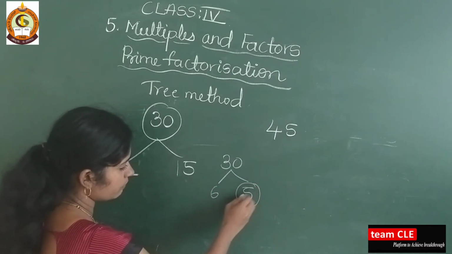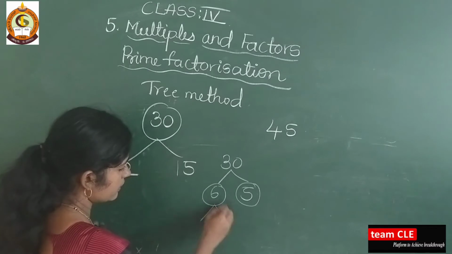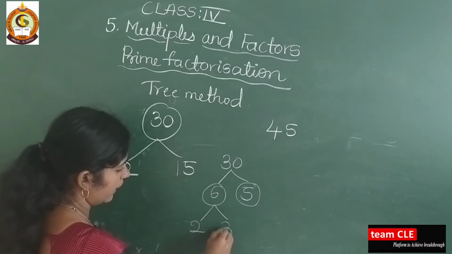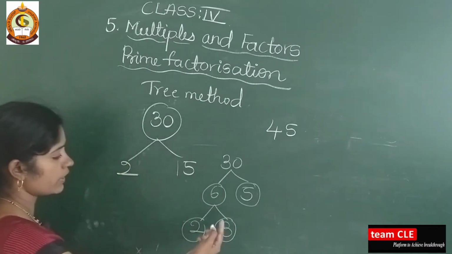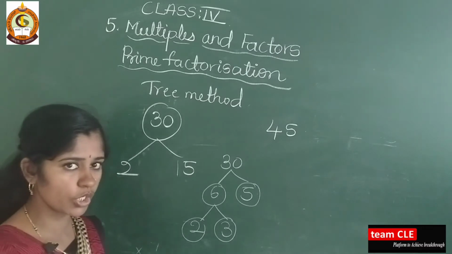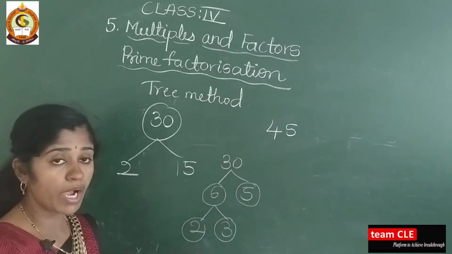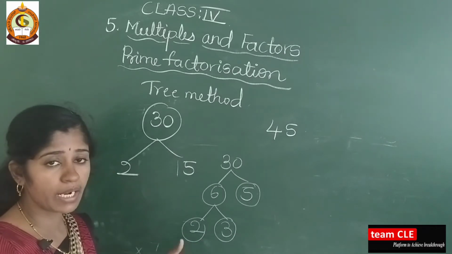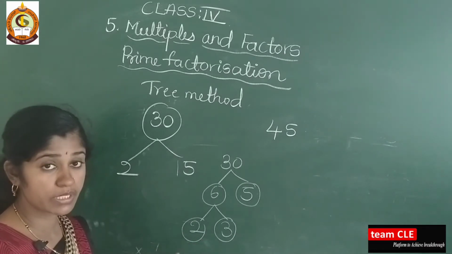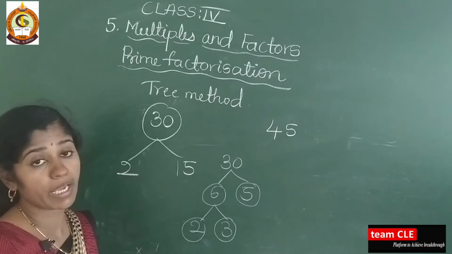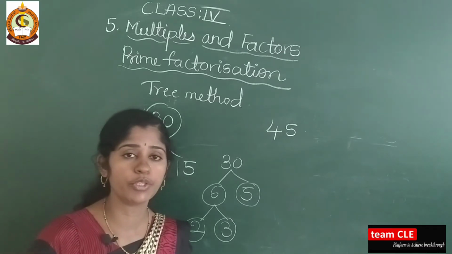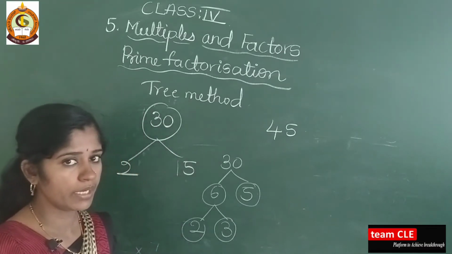And here I got one prime number, and 6 is already there, so you write 2 and 3. No issues. If you are solving like this, it is also correct. 2 3s are 6, 6 5s are 30. You have to divide the number until you get prime numbers. Then what are prime numbers? A prime number means a number which has only two factors, one and the number itself.